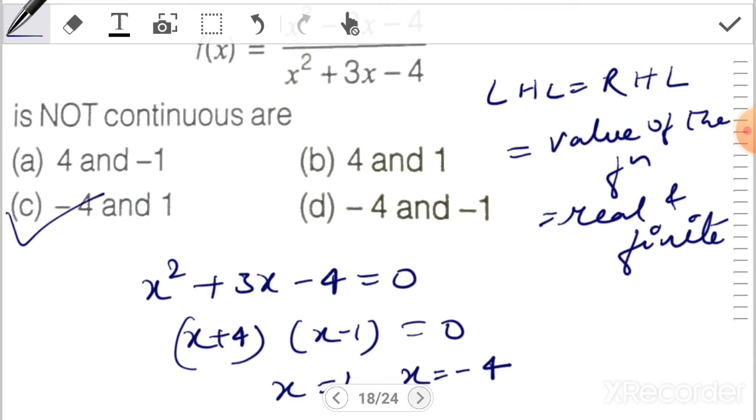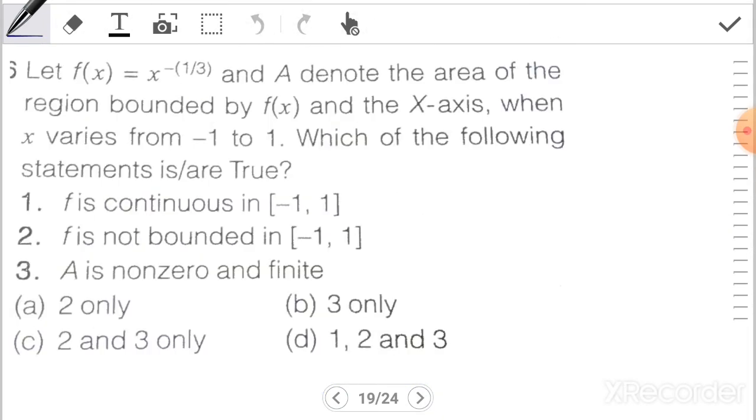Next question. Let f(x) be equal to x raised to the power minus 1 by 3, that means 1 by cube root of x, and denote the area of the region bounded by f(x) and the x-axis when x varies from minus 1 to plus 1. Which of the following statements is true?